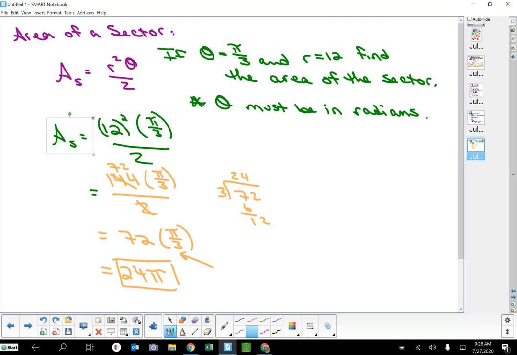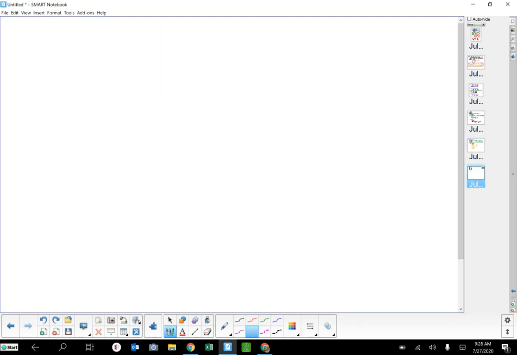Okay. 2 more things. We have linear and angular speed. And these are pretty straightforward.